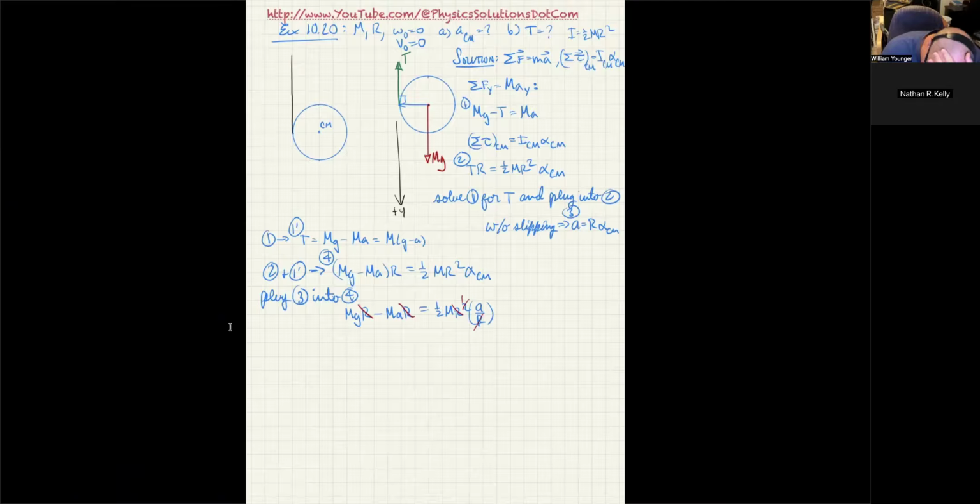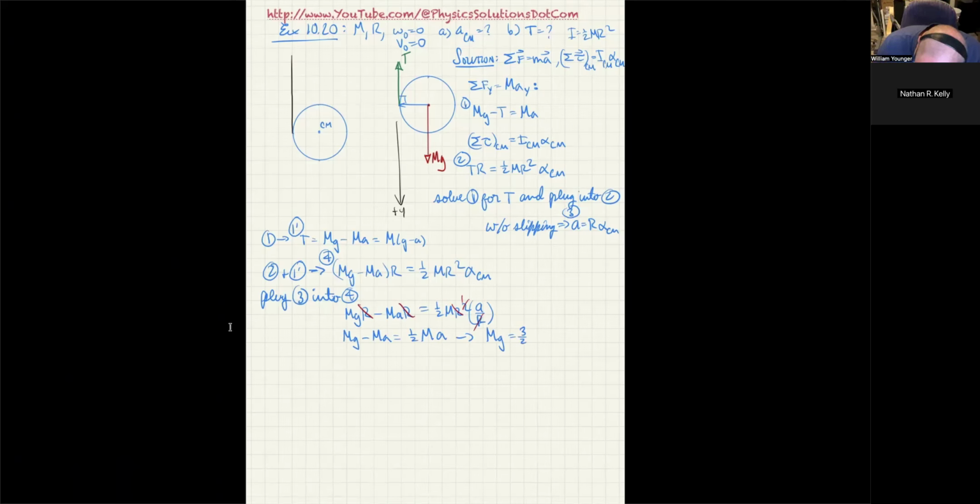So now I've got mg minus ma is equal to 1/2 m times a. I can get the ma on the other side, and that gives me mg is equal to, when the ma comes to the other side, it's going to be positive. So 1 plus 1/2 is 3 halves.